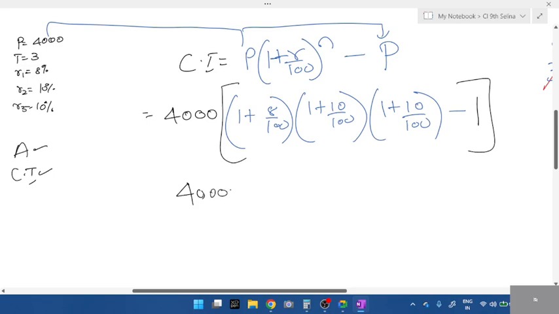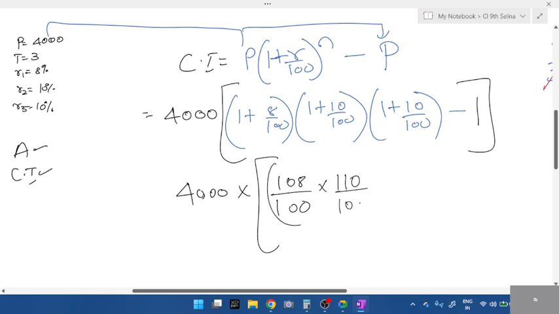4,000 into, what's the LCM? 108 divided by 100, into 110 divided by 100. If you want to solve this, how do we solve this, students? First we need to multiply all this, reduce and multiply.